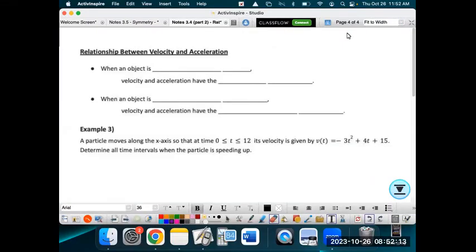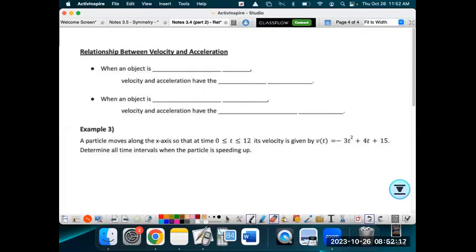Because when an object is speeding up, velocity and acceleration will have the same sign. When an object is slowing down, velocity and acceleration will have the opposite signs.